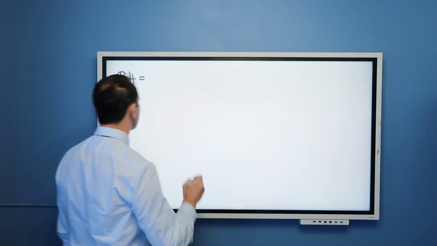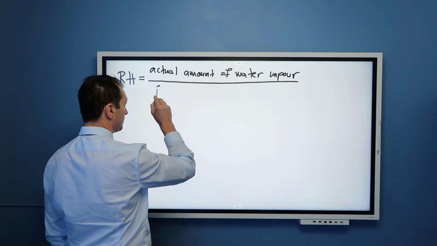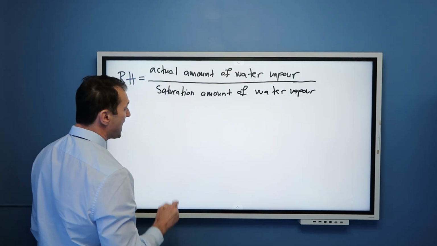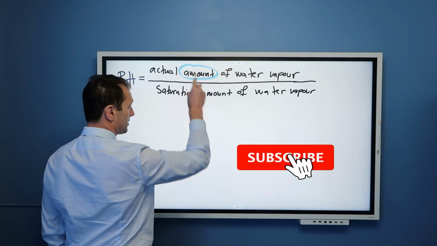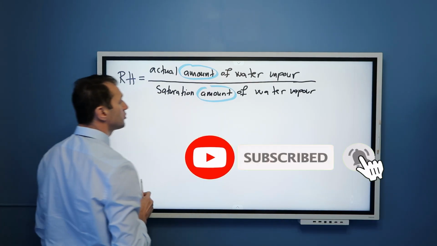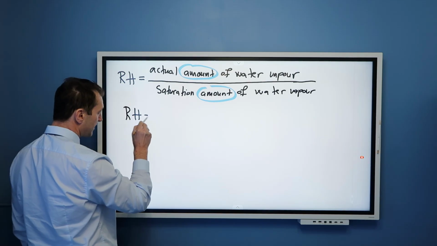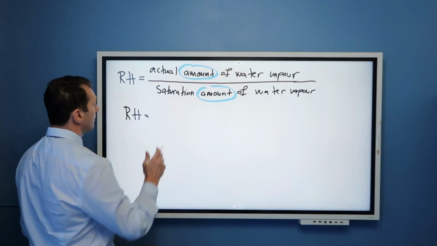Let me write it. Now, I purposely used here the word amount, and you will see soon why. Because how do we describe amount, which is kind of a qualitative feature?